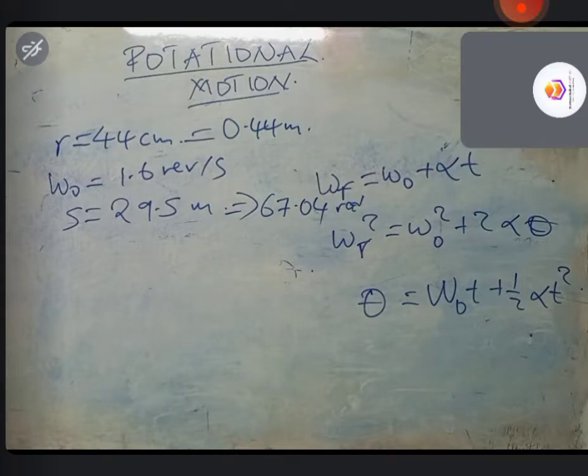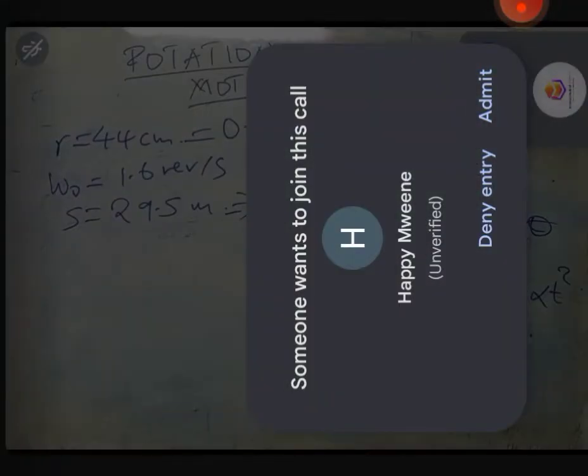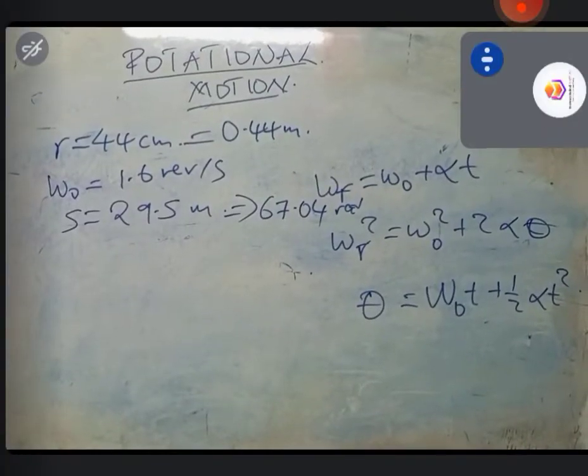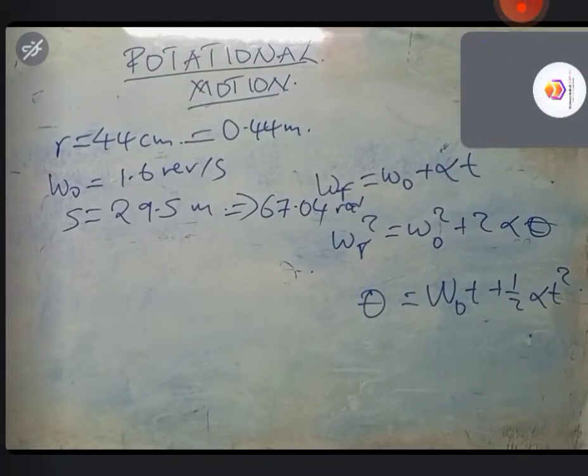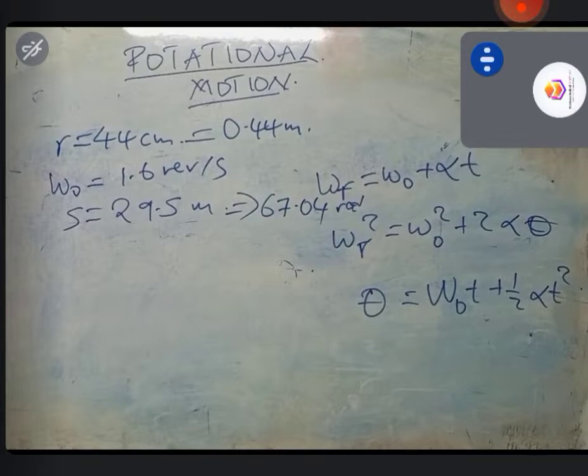Okay. So now, the question is asking us to find the deceleration as well as the number of revolutions. In such a case, you're able to tell that they don't want your answers to be in radians, right? So therefore, what should you do?